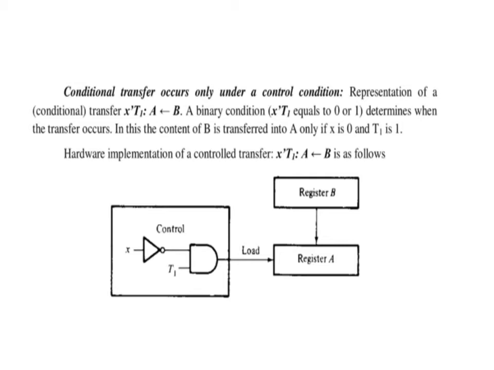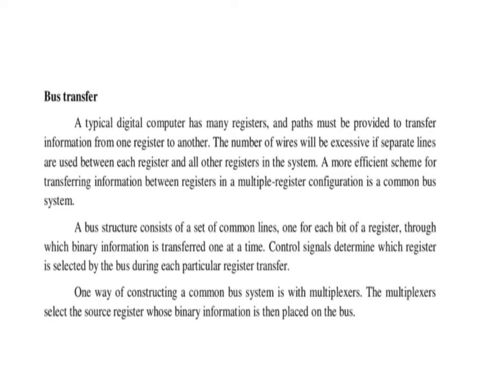In this case, B is transferred into A only if X is 0 and T1 is 1. It is just a condition, a control statement. According to that condition, the data will be transferred from register B to A.